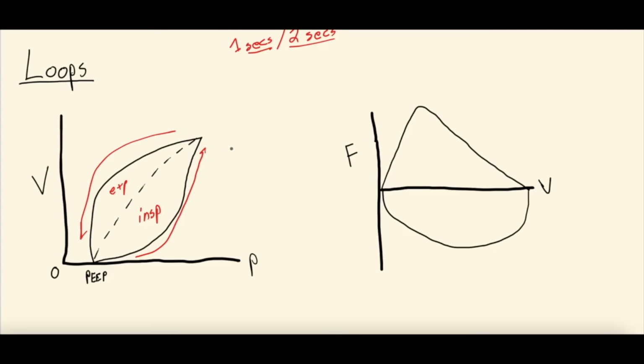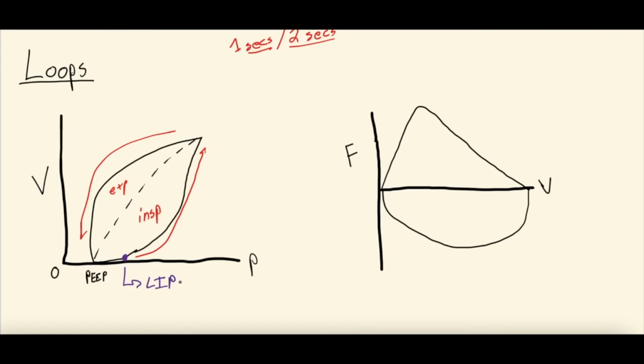The different parts of this loop that are important to know are the inflection points. So if we were to draw this and make it a touch more obvious, what we would draw is something like this. Very flat, and then an abrupt change where it starts to go up. This would be the lower inflection point, LIP.